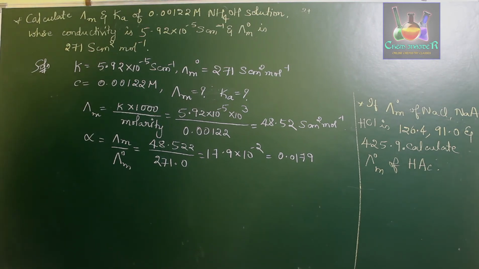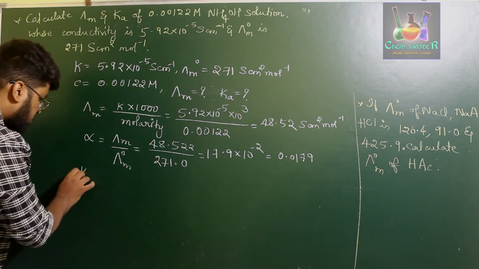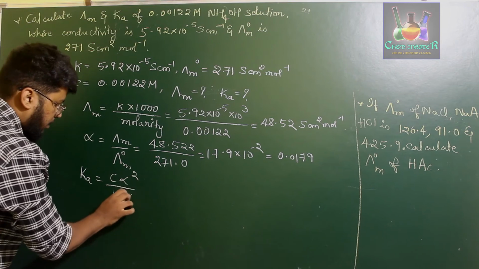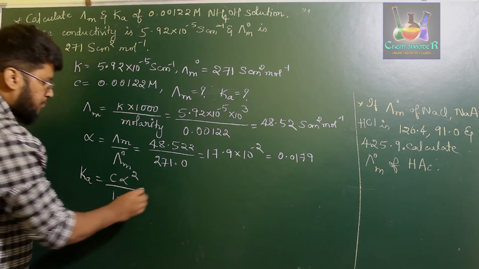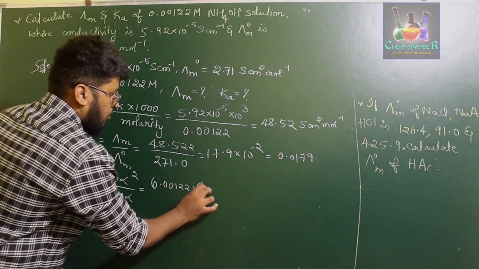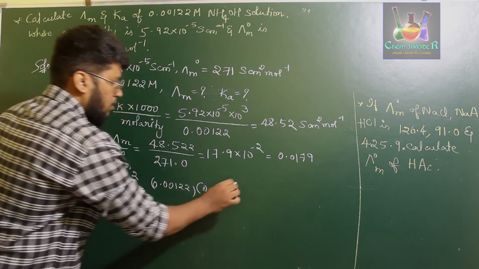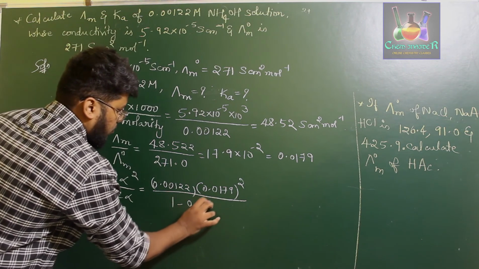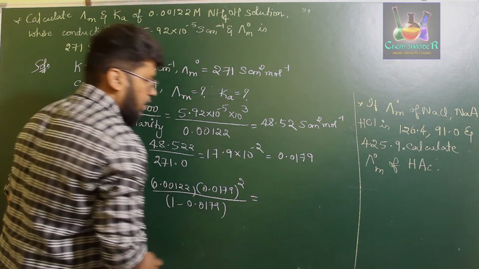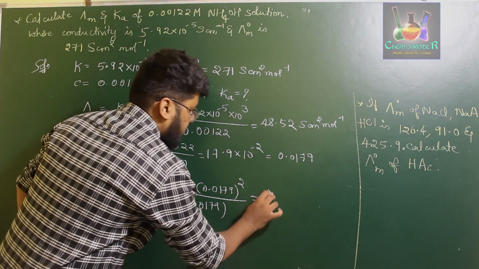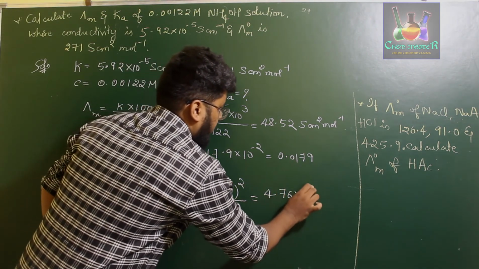Next, you need to calculate the value of Ka. Ka is equal to C into alpha square divided by 1 minus alpha, which is equal to 0.00122 into 0.0179 the whole square divided by 1 minus 0.0179, which on calculation gives us 4.76 into 10 power minus 5.